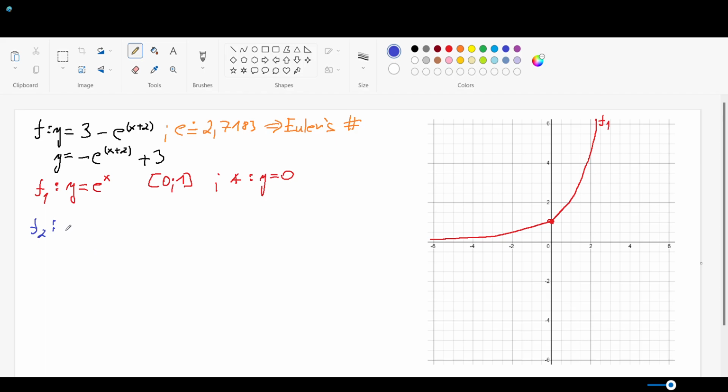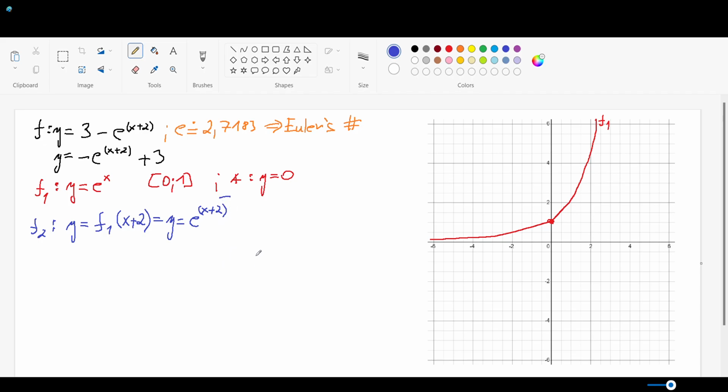So I can write that this function is defined as y equals f1 of x plus 2. This leads to the equation y equals e to the power of x plus 2. We already know that if we add any number to the argument of the function, it moves our function 2 units to the left.